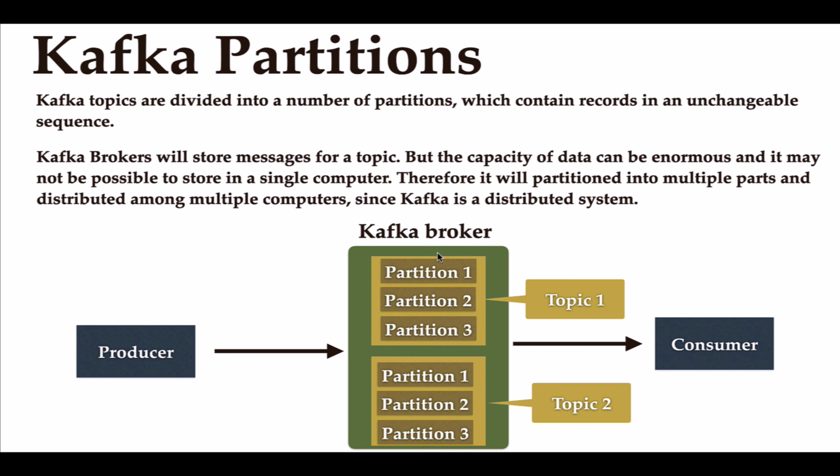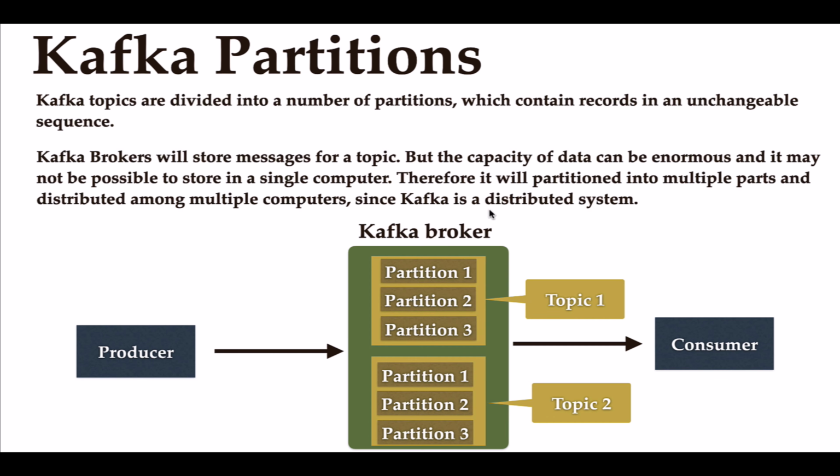The idea behind a partition is that whenever Kafka brokers store messages for a topic, the volume of the data can be enormous and it may not be possible to store it in a single computer. Therefore, it will be partitioned into multiple parts and distributed among multiple computers, since Kafka is a distributed system.